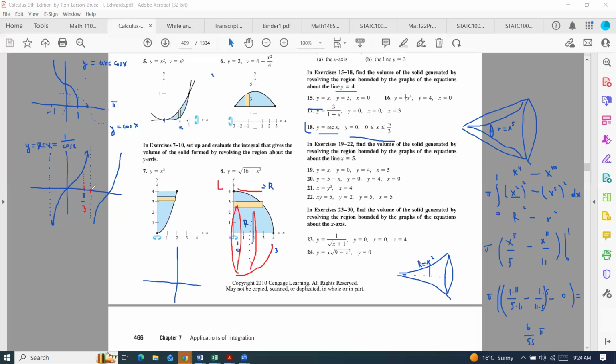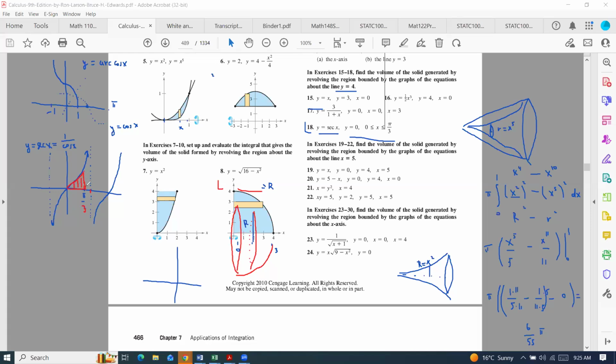We don't need pi over 2. So it looks like we take this particular piece, and then what we do is we rotate it. So what particular piece? We take this particular piece. See? That piece. And now we need to see how we rotate it.